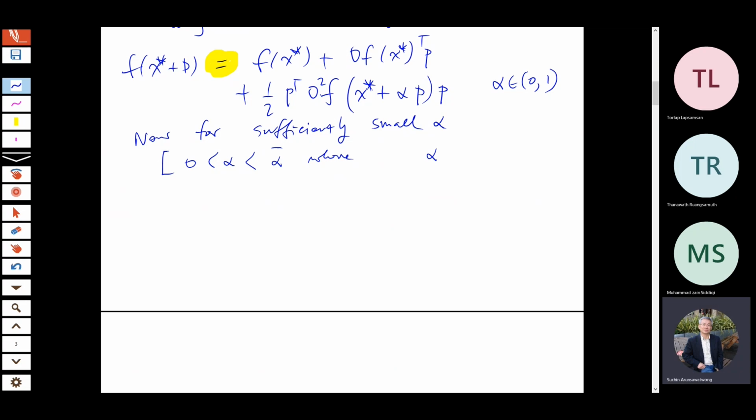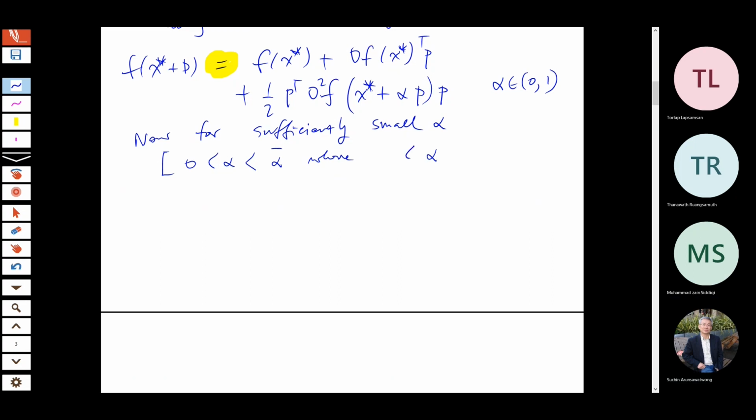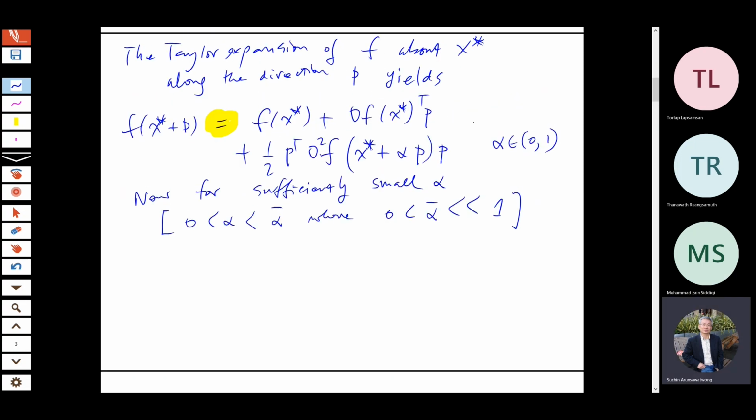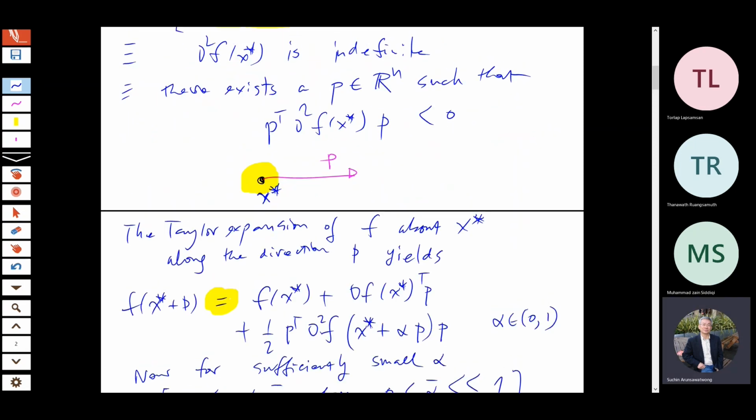When we consider an open ball, the alpha bar is the radius of the open ball that defines the neighborhood of the function. Alpha bar is much less than 1. So here we go back to this.